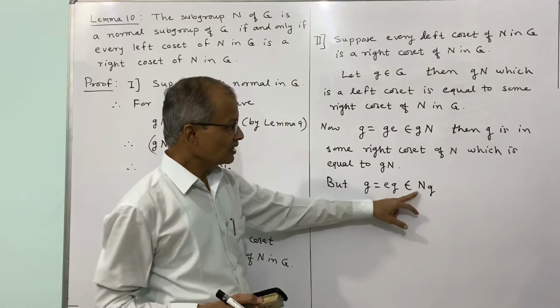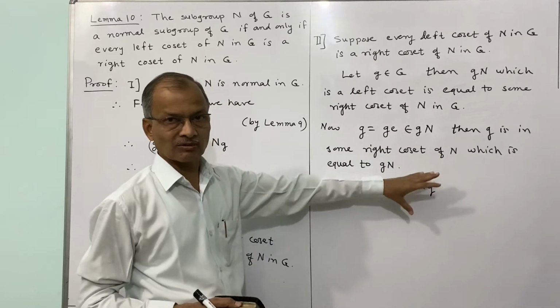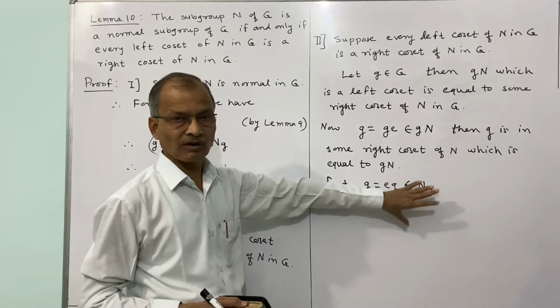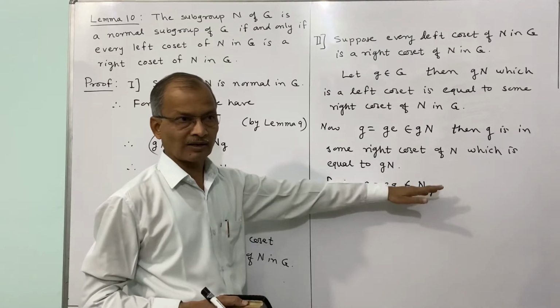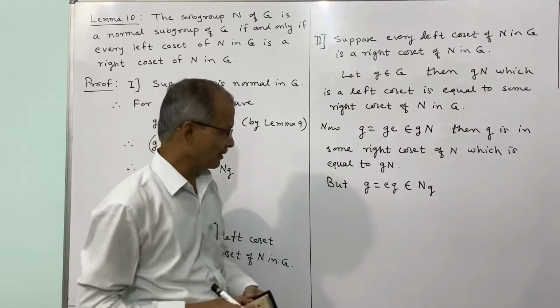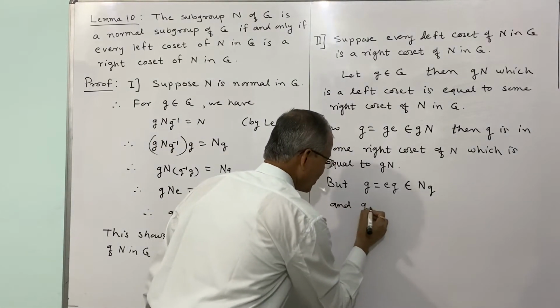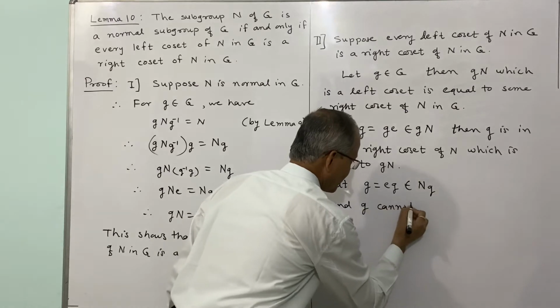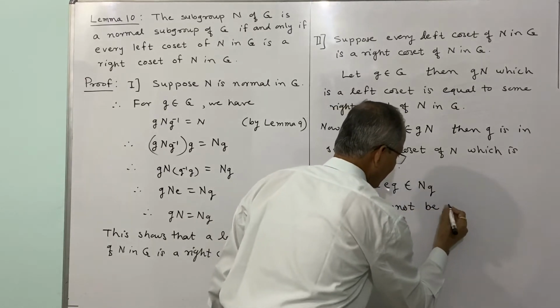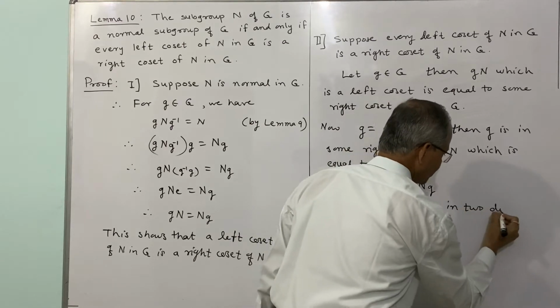But g cannot be in two right cosets, because right cosets are either exactly equal or they are distinct, and that means two distinct right cosets cannot contain the same element. g cannot be in two distinct right cosets.